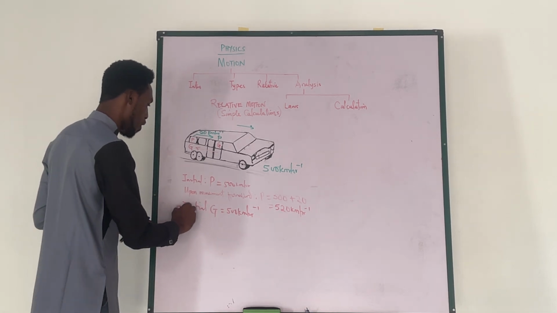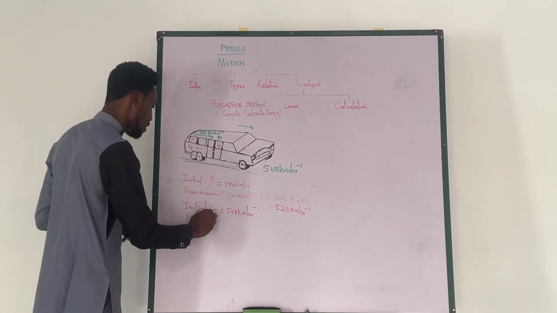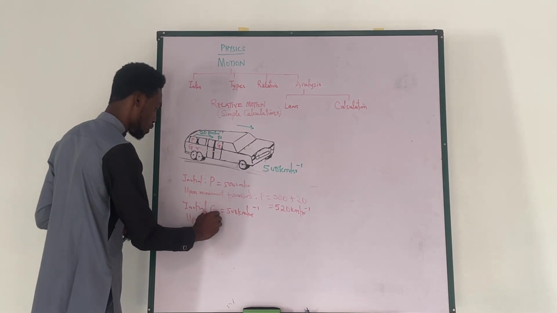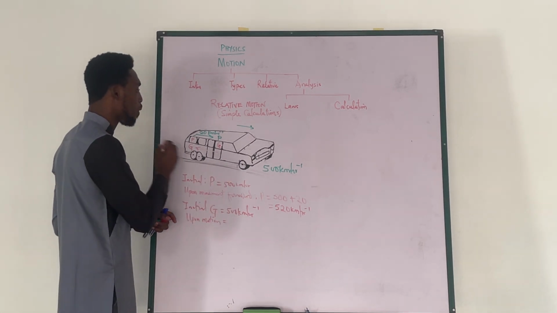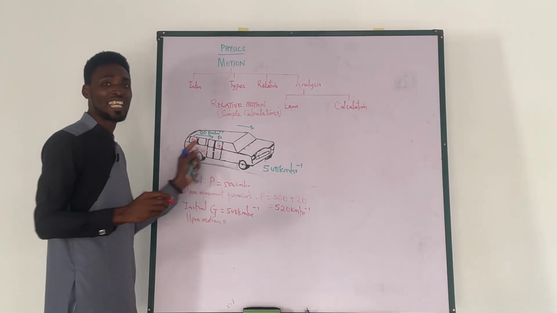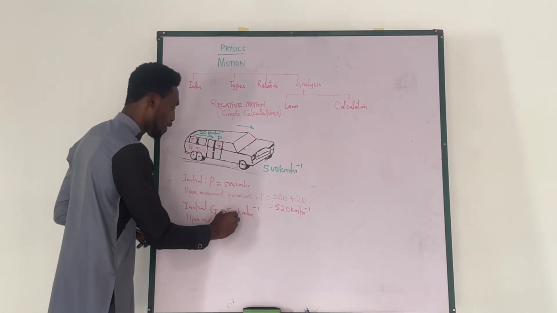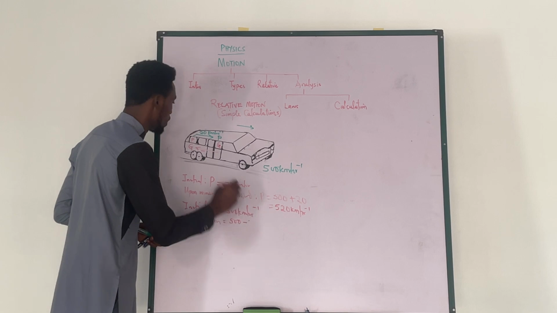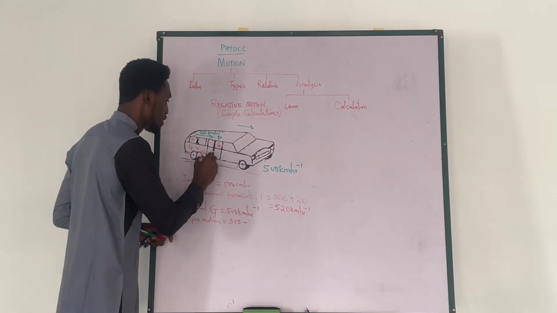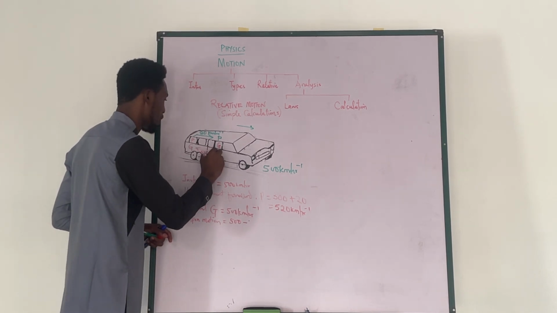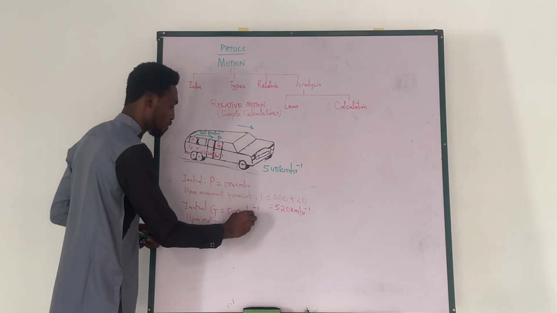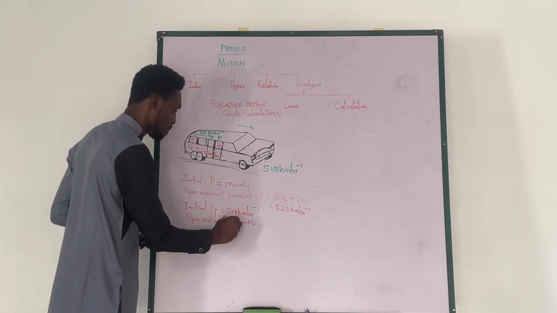Upon motion, moving backward means it's negative, you are going against the medium's movement, so you have to be negative. So we have 500 minus, let's say 50, for example, kilometers per hour, and our answer would be what?